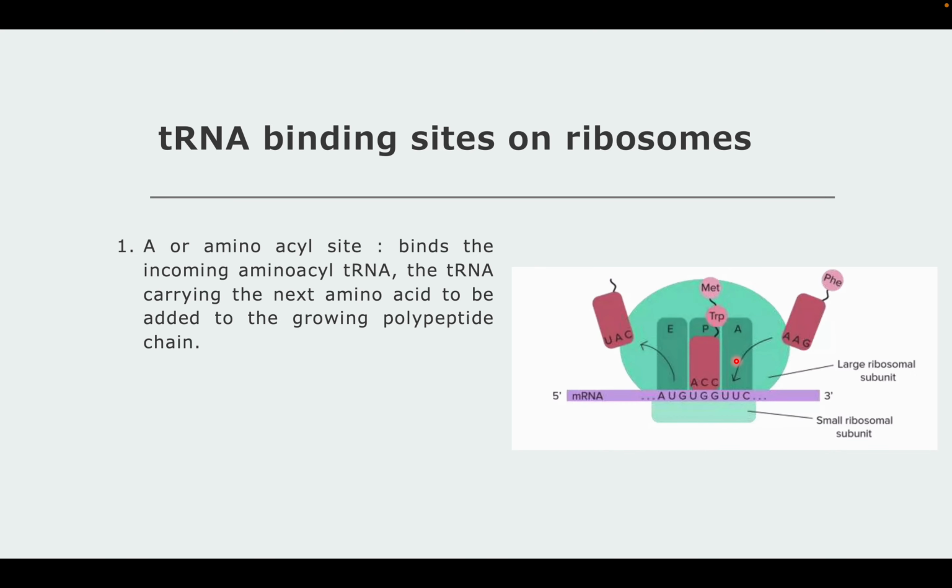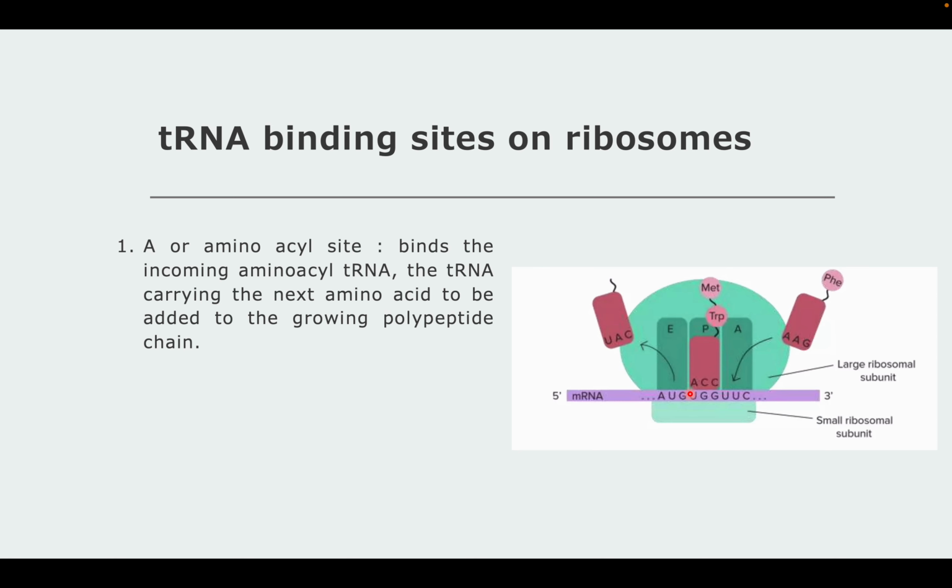So what are the different binding sites on a ribosome? Suppose this is the mRNA, and suppose we are talking about UGG or something else. Here you can see this dark red color, this is the tRNA, and this arm contains the nucleotides which are complementary to this.